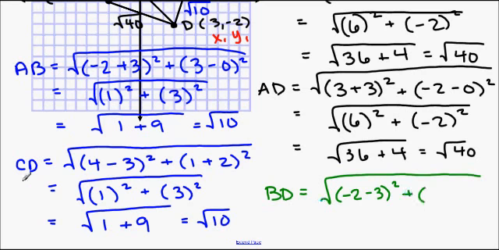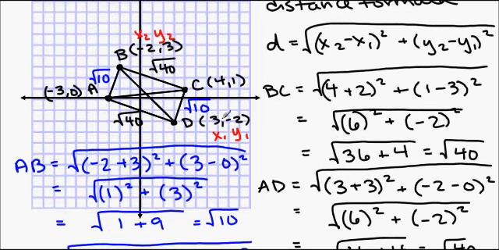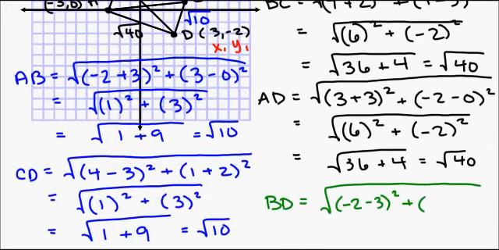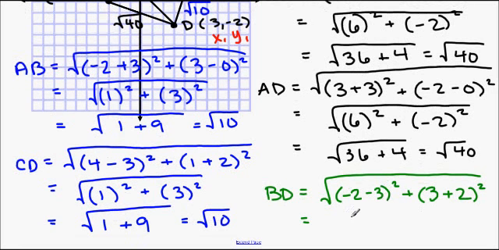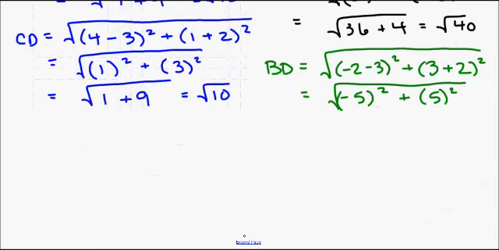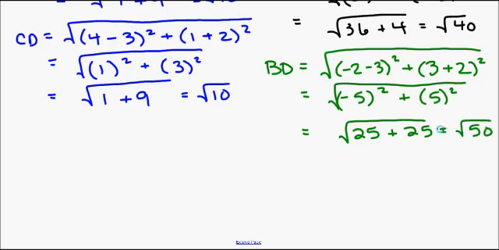And let's see what y2 is. 3 minus negative 2 is plus positive 2. Negative 2 minus 3 is negative 5 squared plus, this is a positive 5 squared. Square root the whole thing. And negative 5 squared gives me a 25, as does 5 squared. So I have the square root of 50.